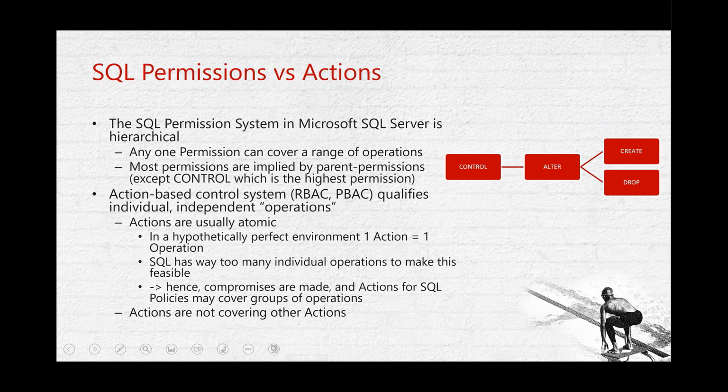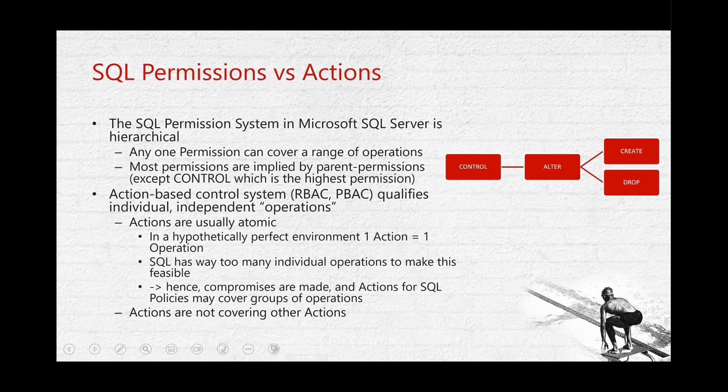Now, what we are trying to do is make SQL Server understand this same concept of actions, because that's how Azure Purview works. But on the other hand, if you look in the details, you understand that the Microsoft SQL Server system is way too complex to make it feasible to actually follow this concept all the way through at a one-to-one level.